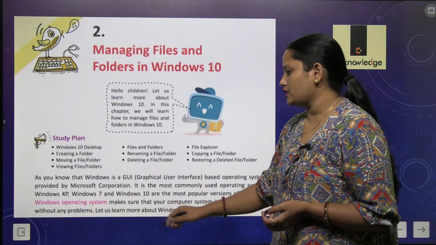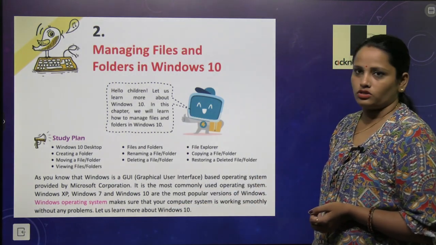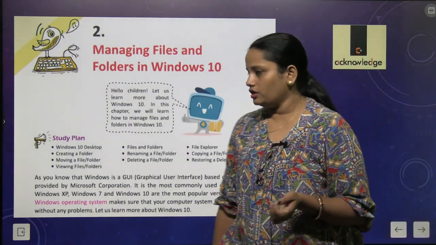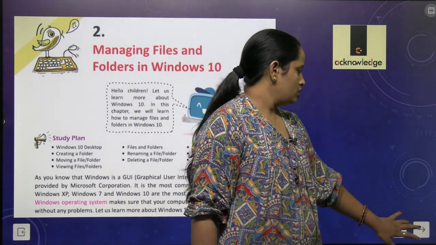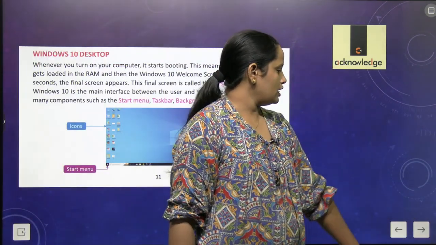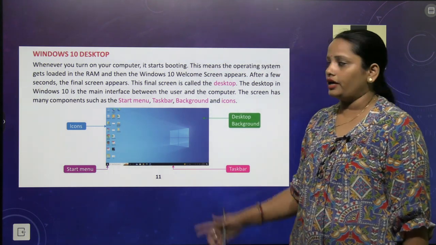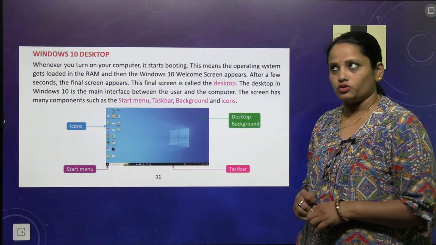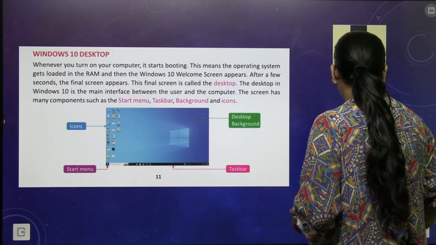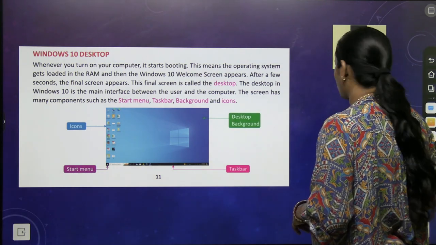Now, let us learn more about Windows 10. So, we are going to learn more things in Windows 10 now. Okay, this is our desktop. Everyone has seen it in their computers. Okay, so we are going to learn about what is the desktop.